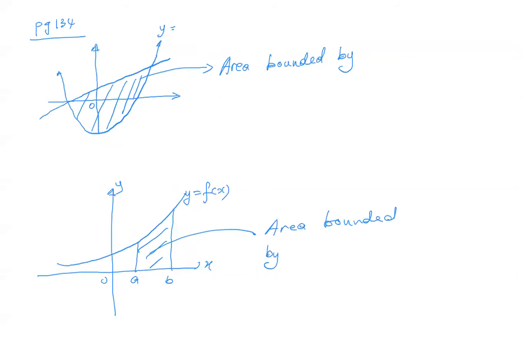Area bounded by a curve. Is it by a curve? The top is two curves. Yeah, area bounded by the curves y equal to x squared plus x minus 2 and y equal to x plus 2.